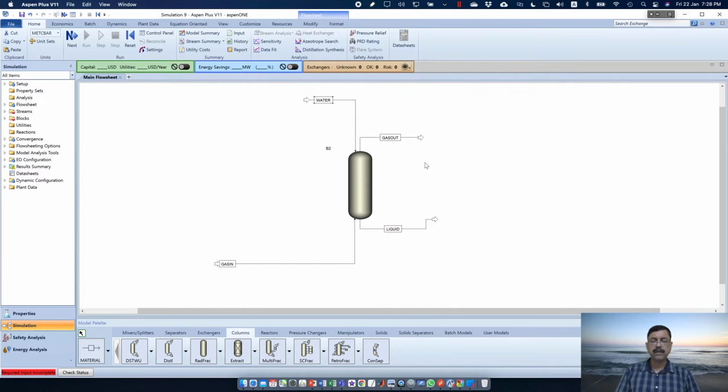There is no hard and fast rule that you have to do in this manner, but these cosmetic changes will make the simulation look better.